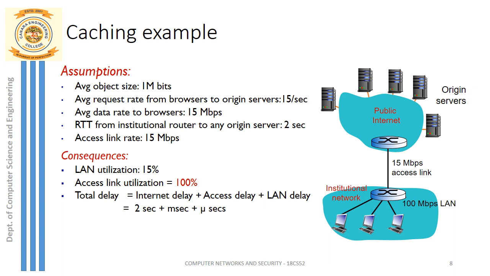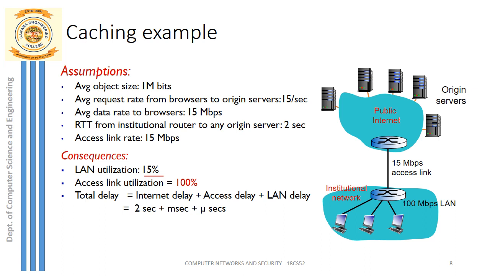So that is why the LAN utilization is 15%, but the access link utilization is 100%, because 15 megabits of data will be transferred per second. So totally 100% utilization will be made of the available access link.